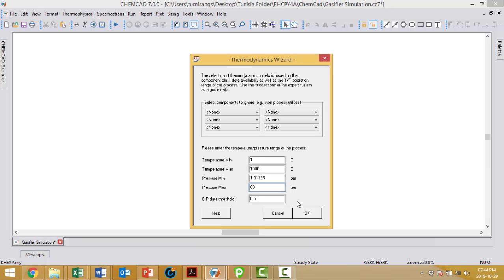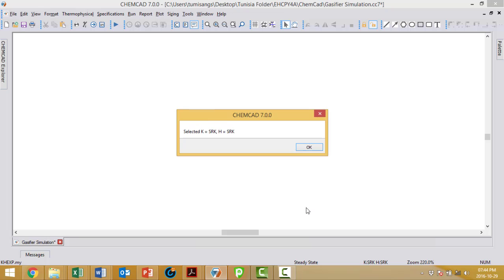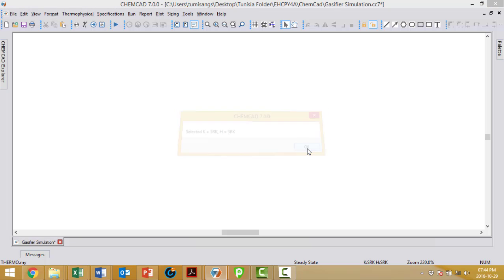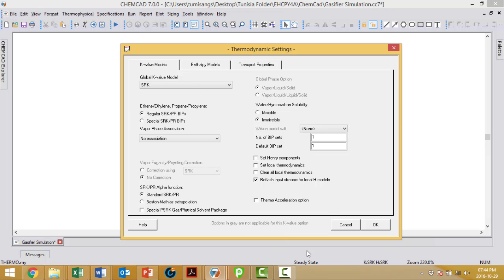We would not be going that high here, because our gasifier pressure is 20 bar, but I would rather choose this one to be 80 bar. The recommended thermodynamic methods are given as SRK, and the enthalpy also is calculated using SRK. We will agree with all the defaults for now.